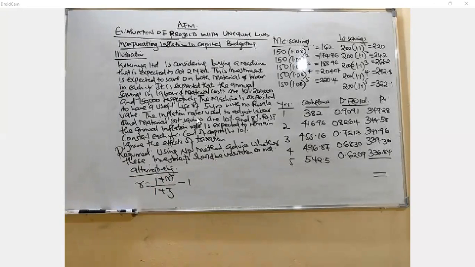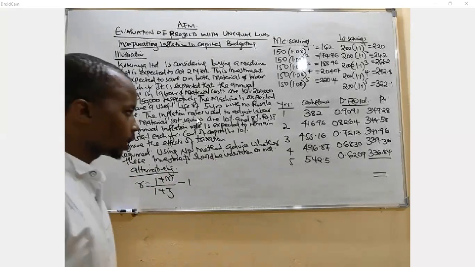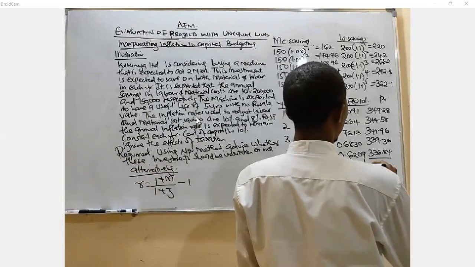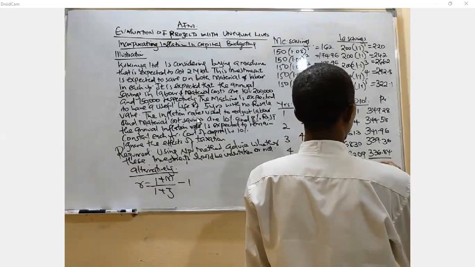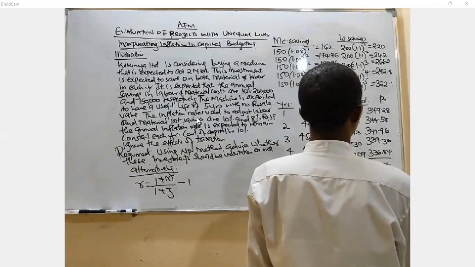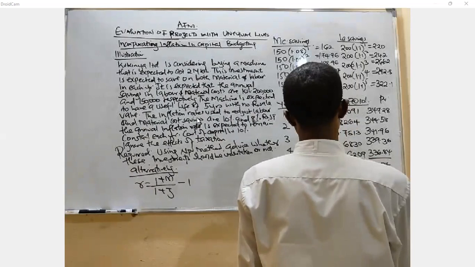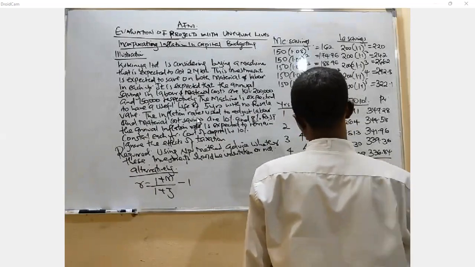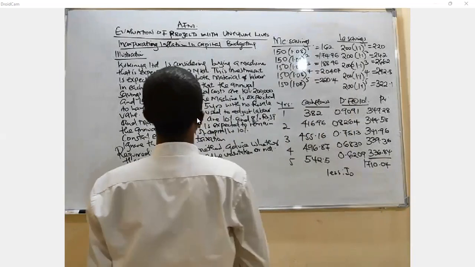1710.02. Is that the correct answer? Yeah. 1710.02. Then we less our initial outlay. Our initial outlay is how much?